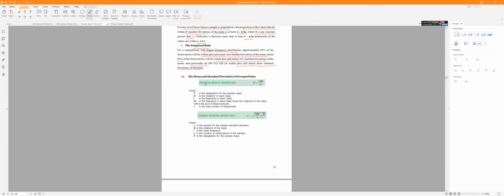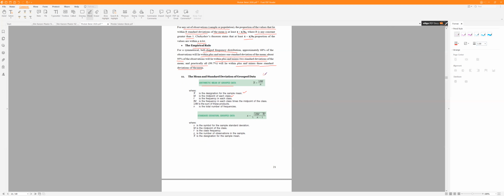This is the arithmetic mean of group data. The formula is x bar equals the sum of frequency times midpoint, divided by n. This is the explanation of what I explained earlier for group data, the 20 to 25 one. x bar is the sample mean, M is the midpoint.